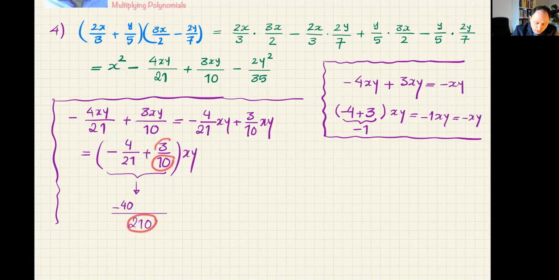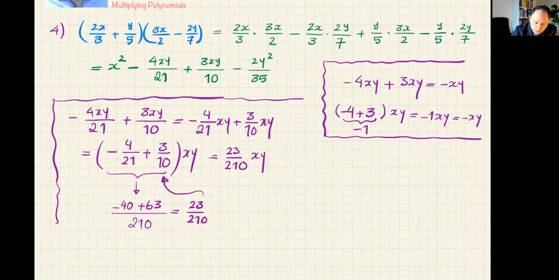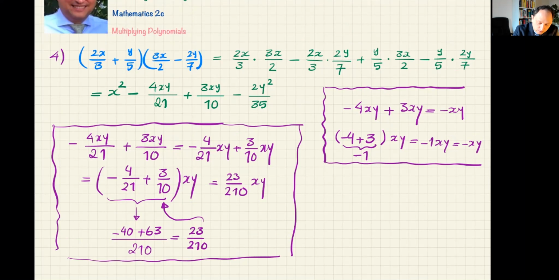You multiply 21 here, it becomes 63, and you have a plus sign. And then it is easy, by the way, so this becomes 23 divided by 210, and then you put it back here, so you will get your answer. When you are done, you go back here and finalize your answer.